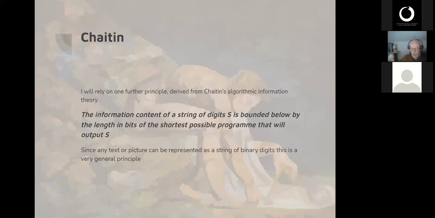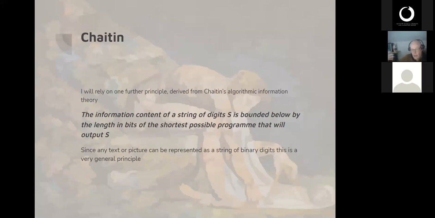The next thing is you need to be able to quantify the amount of information in your model itself. We've talked about the entropy of the predictions versus the observations and shown that you can apply Shannon's method to extract that. Chaitin talks about the information content of a string of digits.